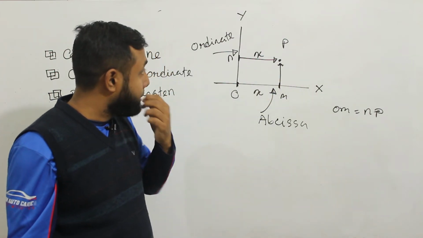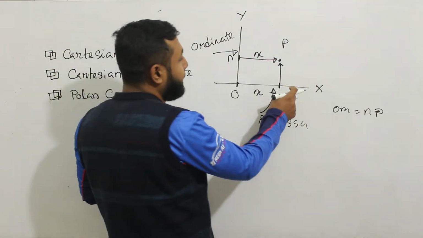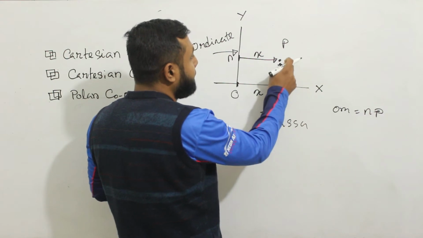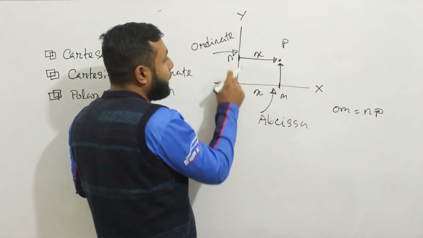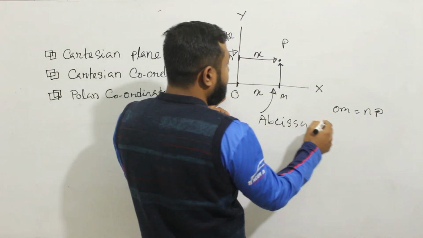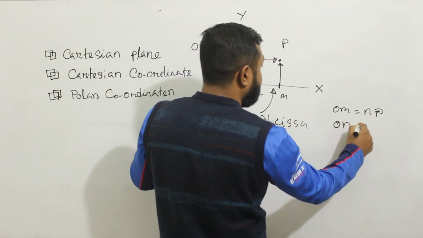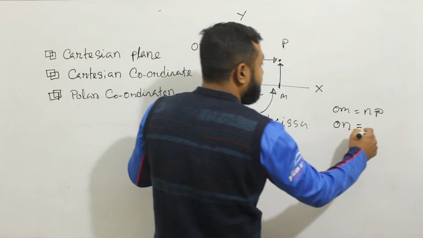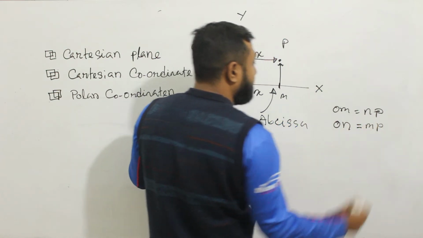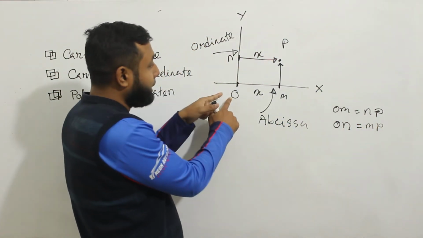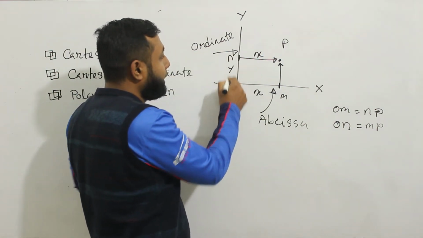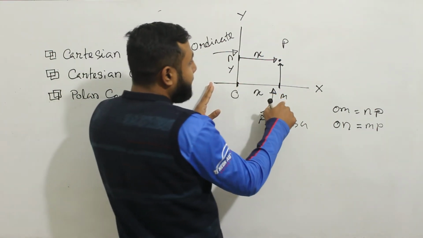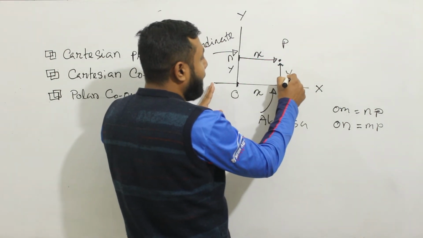In another case, if we want to calculate the distance from M to P, that distance is equal to O to N. So, ON is equal to MP. If we think the distance O to N is y, then the distance M to P will also be y.